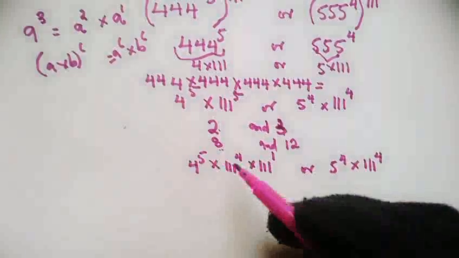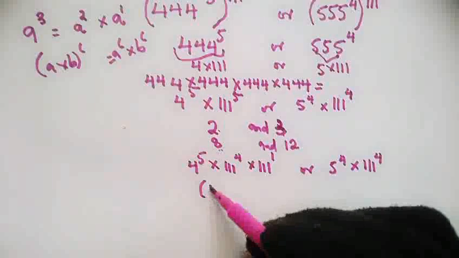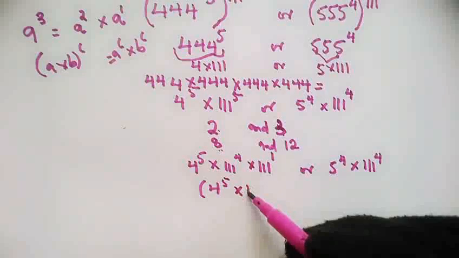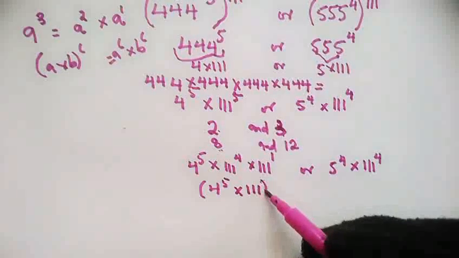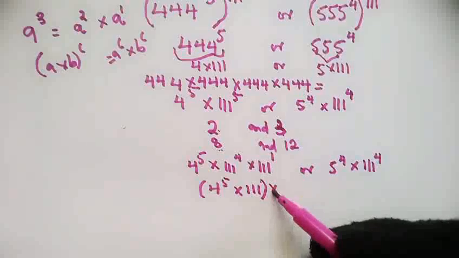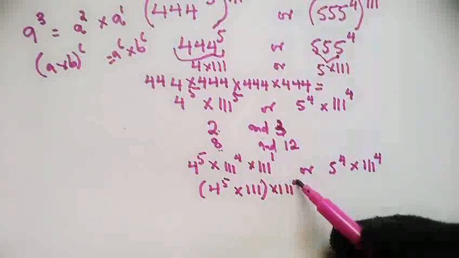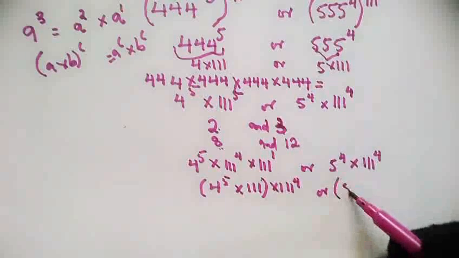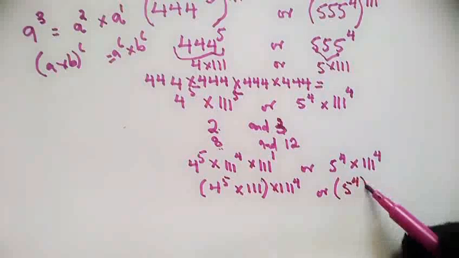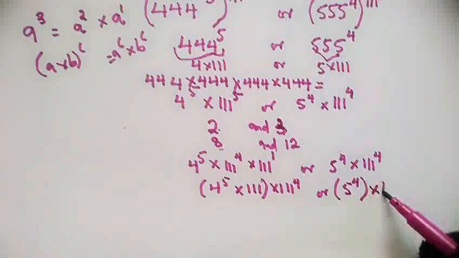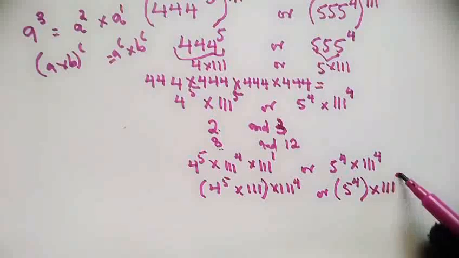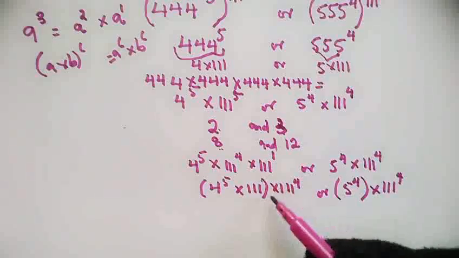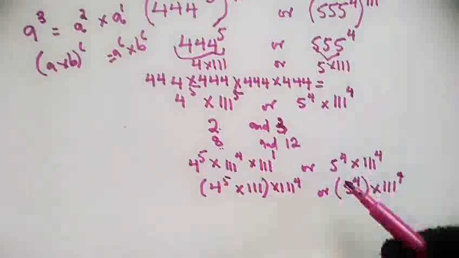So this is just like when we have 4 raised to power 5 times 111, in bracket, then times 111 raised to power 4, and this side we have 5 raised to power 4 in bracket, then times 111 raised to power 4. So we can compare the brackets, neglecting this number that has been multiplied to both sides.